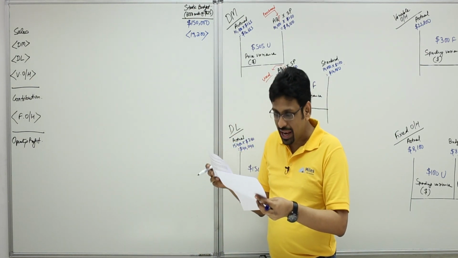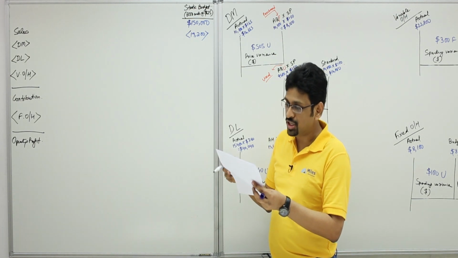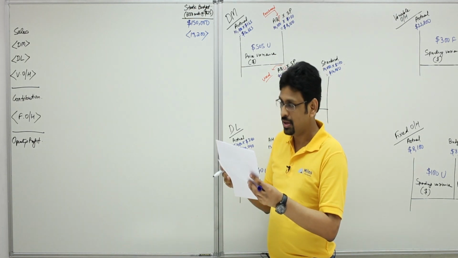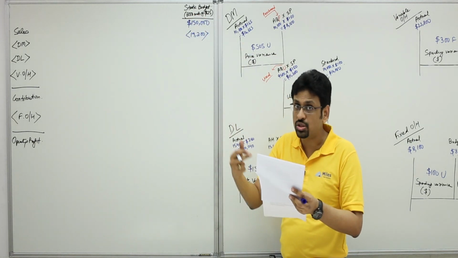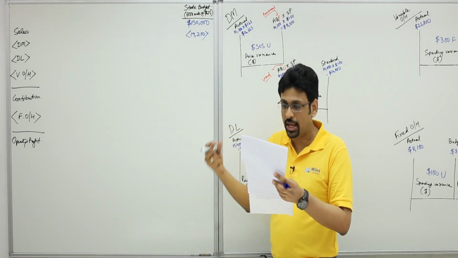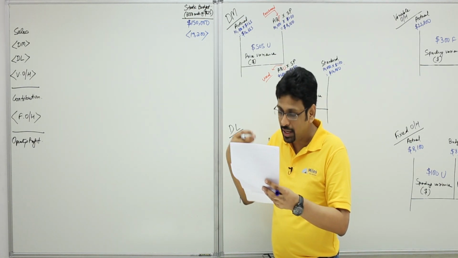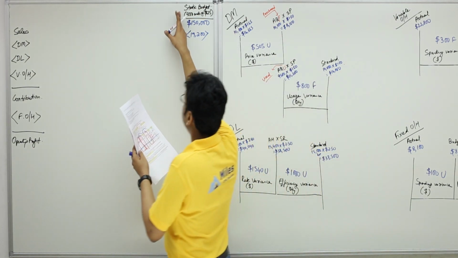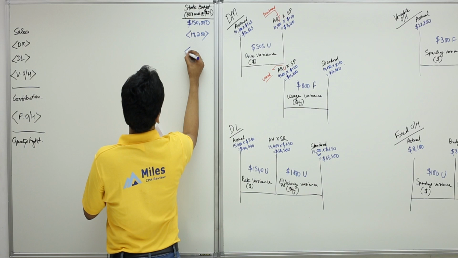Talking about direct labor. Now the standard direct labor per finished unit is 3 hours. So to produce 6,000 units, they're going to use 6,000 times 3, 18,000 labor hours at $2.50 per labor hour. So the budgeted direct labor cost is $45,000.